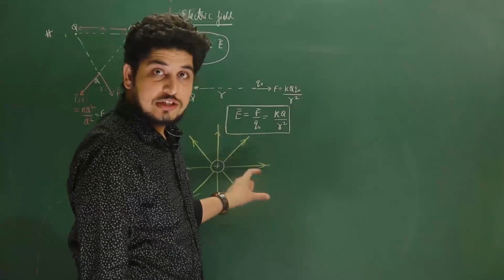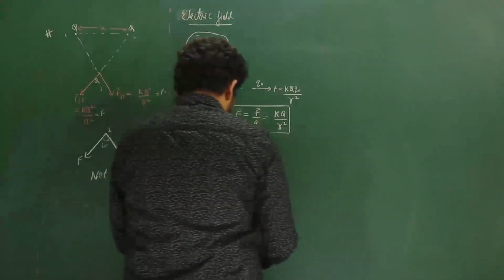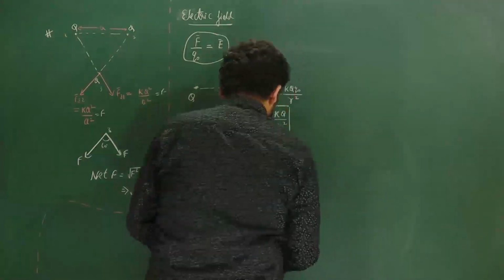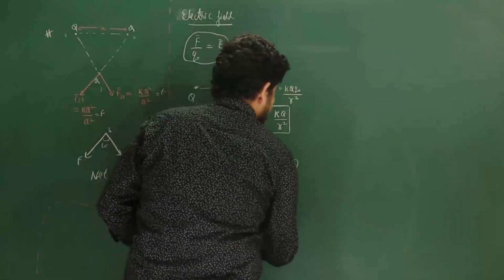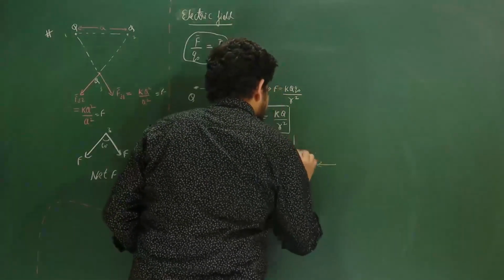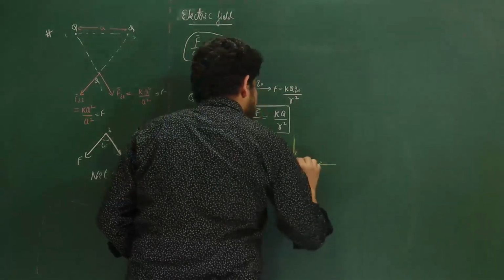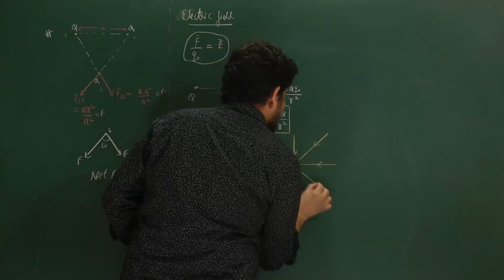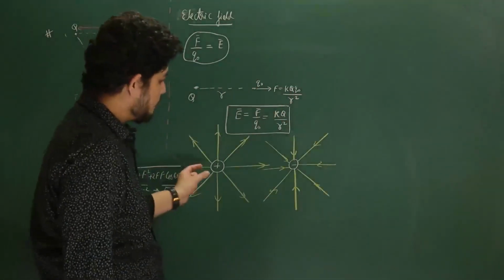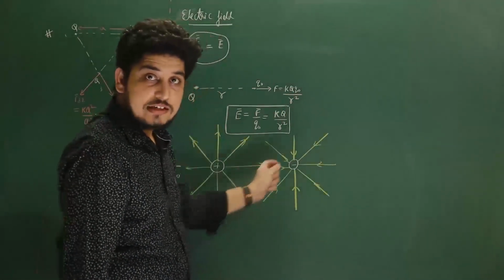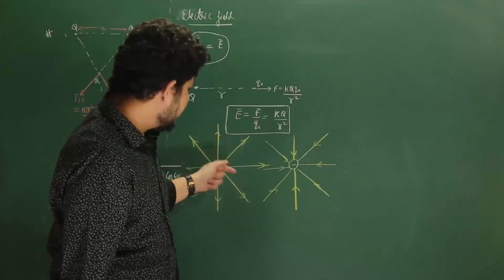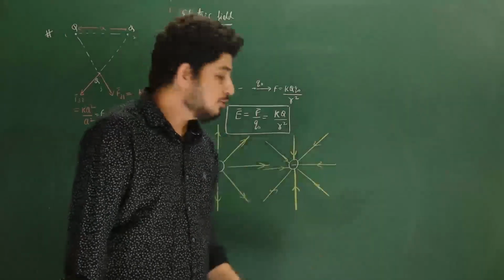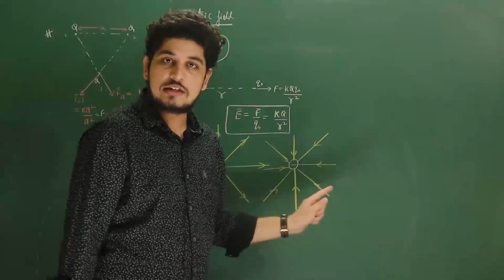There are some properties of these lines we will discuss later, but I am just showing that for a negative charge, the electric field will come towards the charge in this manner. So this is the diagram for plus charge and minus charge.